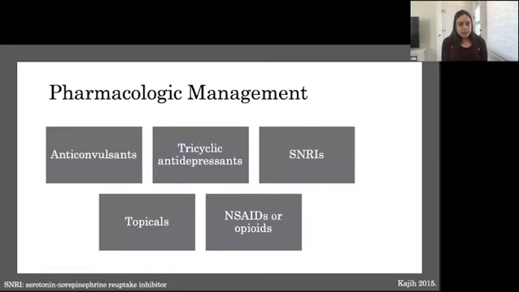There really aren't a whole lot of good clinical studies evaluating these, but there are anecdotal reports of compounded creams or gels like baclofen, ketamine, amitriptyline compounded together that may be efficacious. Finally, systemic treatment with NSAIDs or opioids may be necessary. Of course, this is not our mainstay for treating neuropathic pain, but in combination, it may help and certainly can be considered as an option.